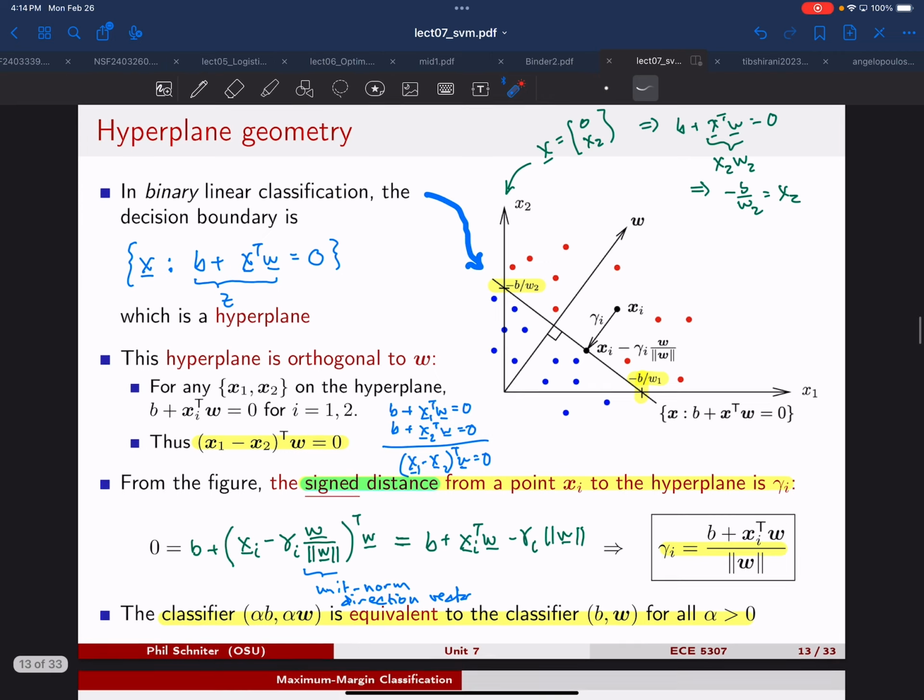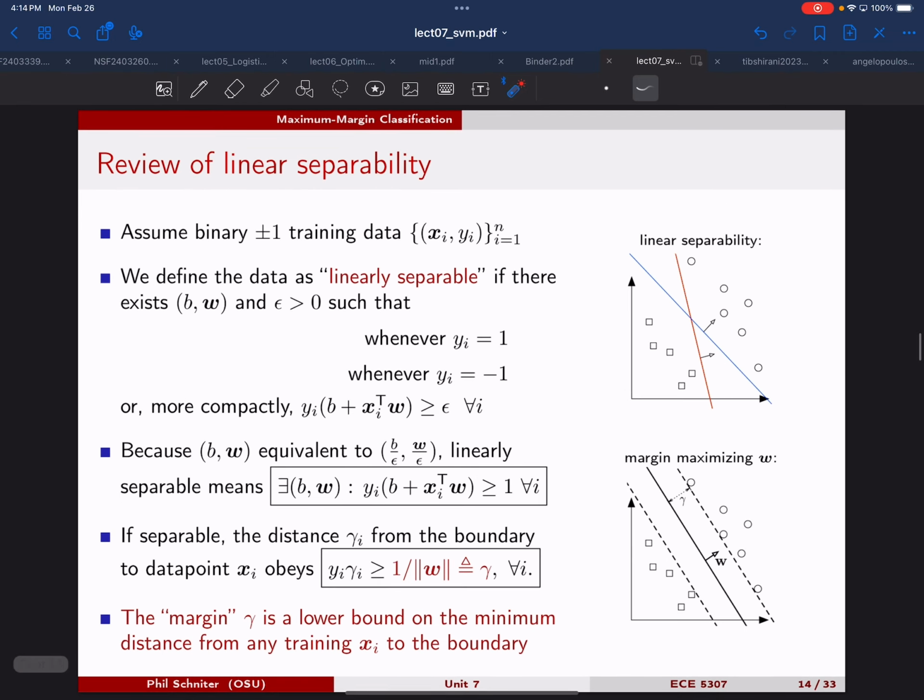Okay, so now let's come back to the notion of linearly separable, which I think we talked about once before, although briefly. The idea is, if you have a training data set, let's say I have these square points here and circle points here, and I can pass a linear boundary between them so that on one side of the boundary you have all of the points from one class and on the other side you have all the points from the other class, we say that this data set is linearly separable.